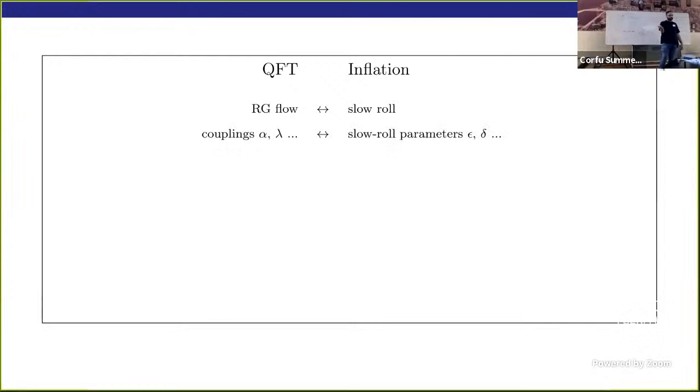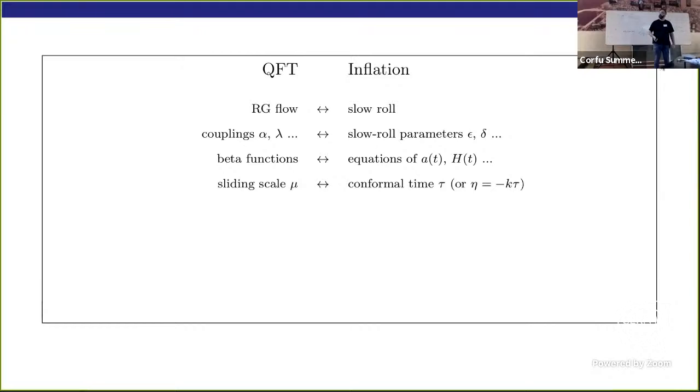The coupling constants in quantum field theory will be the slow roll parameters here, which, as we also heard in a previous talk, are small quantities in play here. The analog of the beta function will be derived from the classical equation of motion of the background. The sliding scale mu is substituted with the conformal time, or with this eta, which is the rescaled conformal time.